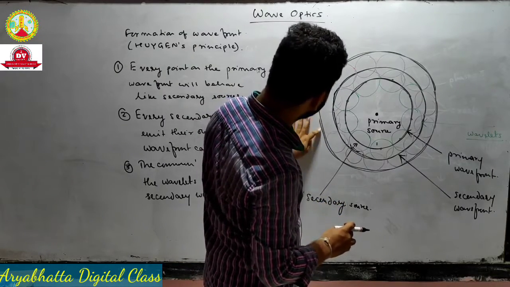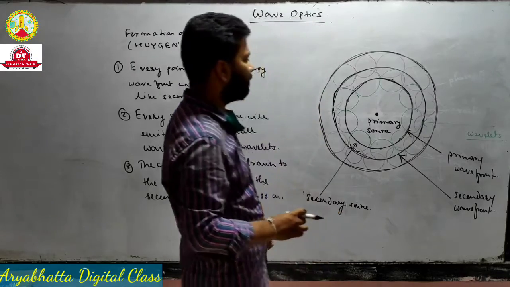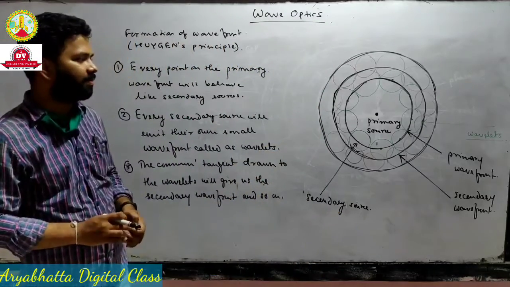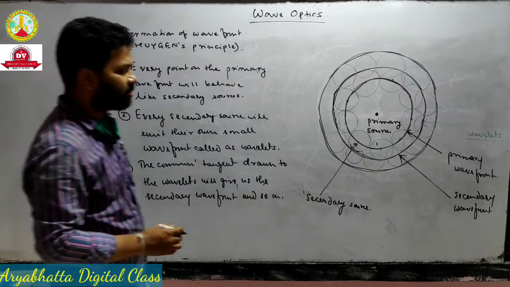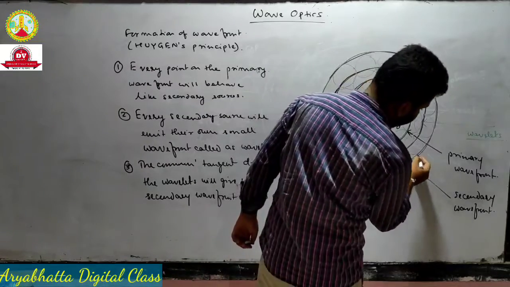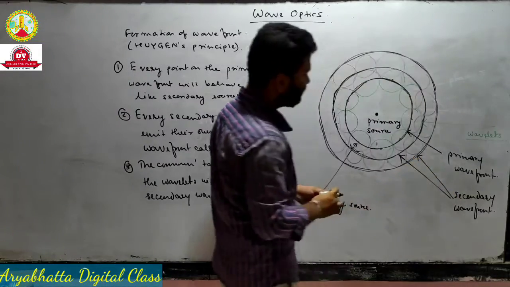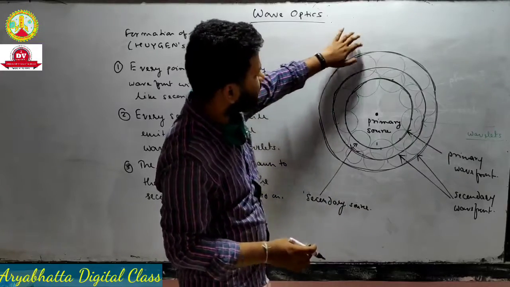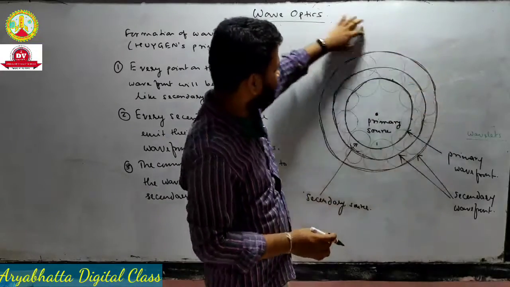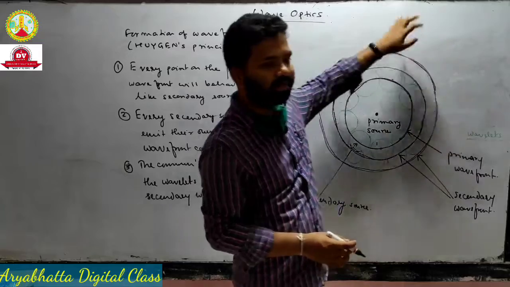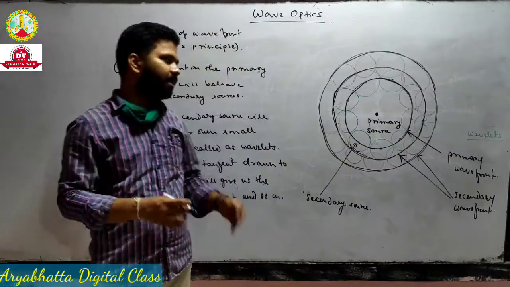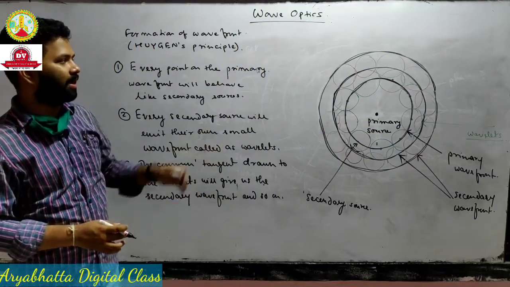Okay? This is the formation of wave with the help of wavefront. I think it is clear from the picture now that this is also known as the secondary wavefront. Okay? Now the same process will repeat. Some wavelets will be formed, and if you draw the common tangent, you will get the next wavefront. Okay? So in this way, the wave propagates.